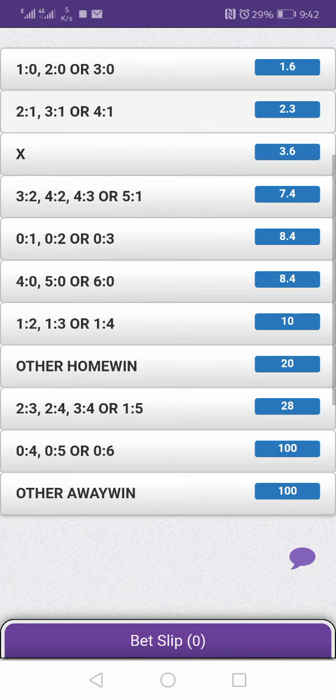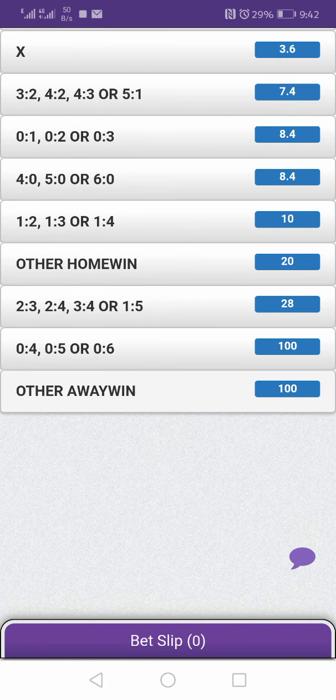Now you get people who are choosing these. You see this one is other home team, and this one here is other away team. You can see these two things, 1 and 2. What does this mean? Other means basically other scores. Anything that is not here.